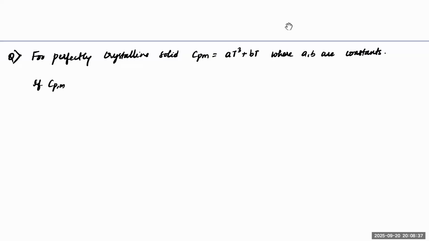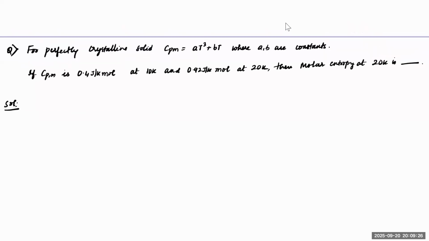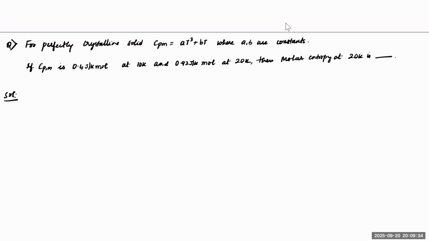If CPM is 0.4 joules per Kelvin per mole at 10 Kelvin and 0.92 joules per Kelvin per mole at 20 Kelvin, then molar entropy at 20 Kelvin is how much? This is what we need to calculate. I forgot the mole earlier, so here also there is mole.